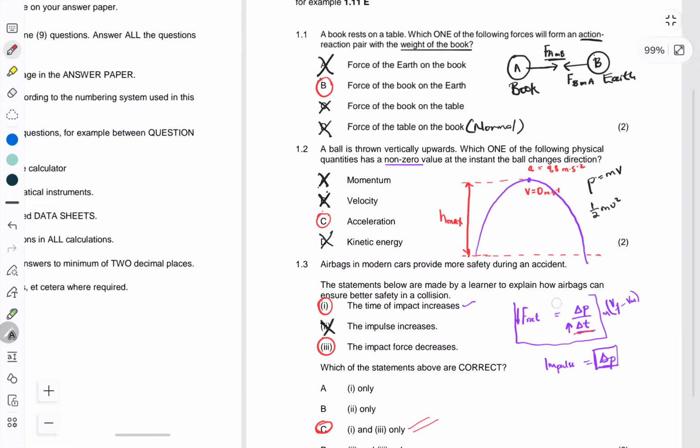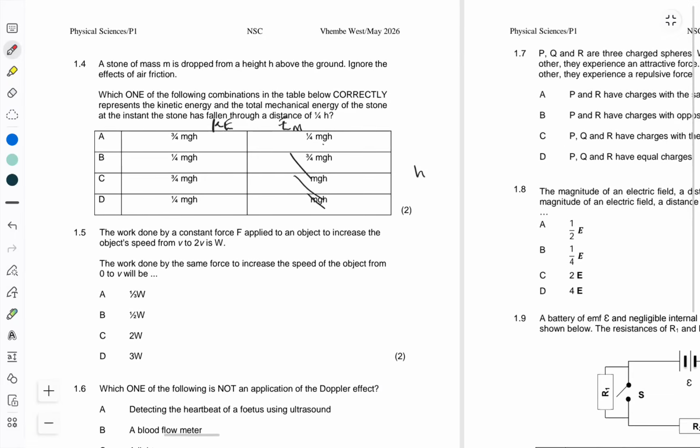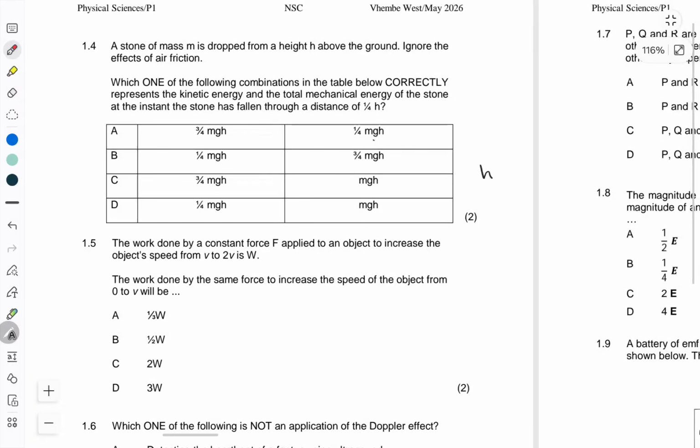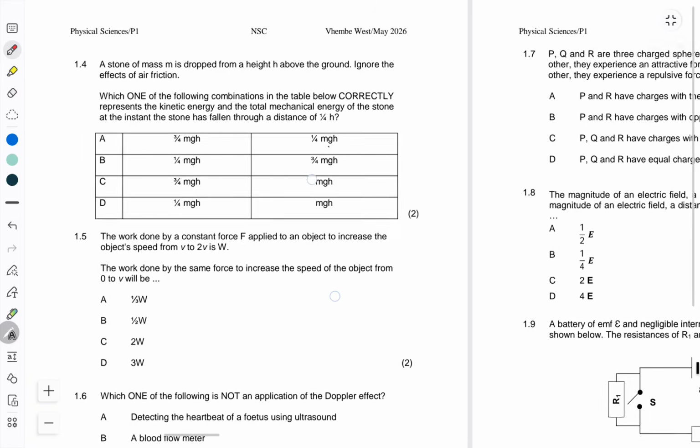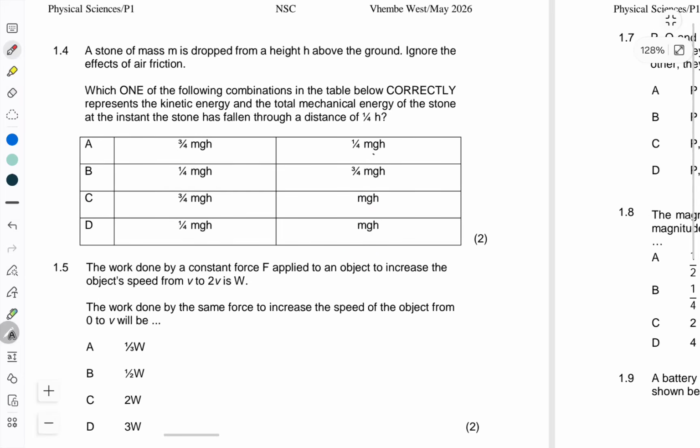All right. So now let's go to this one. Okay. So here we are told that a stone of mass m is dropped from a height h above the ground. Ignore the effects of air friction. Okay.